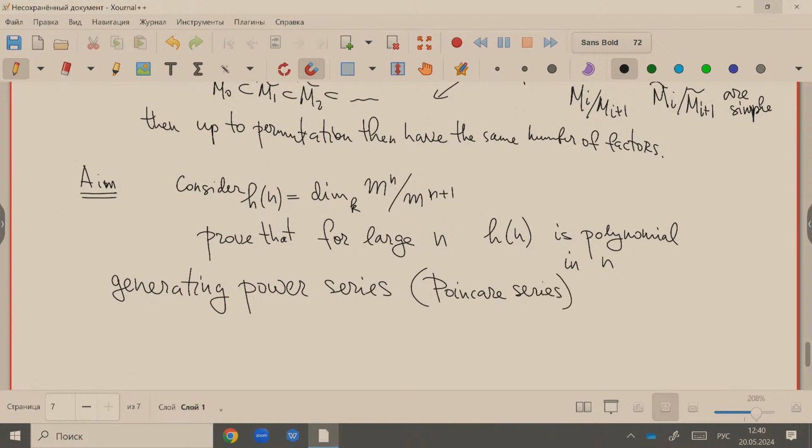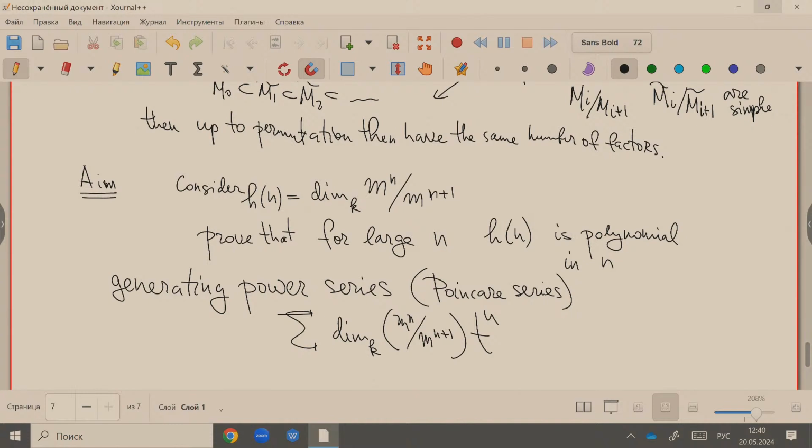This is nothing but putting an additional variable, taking these numbers and considering the formal power series.